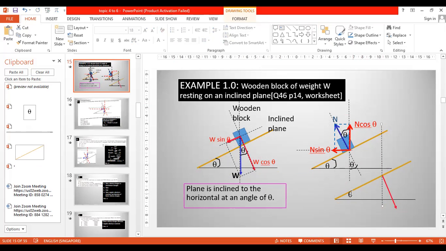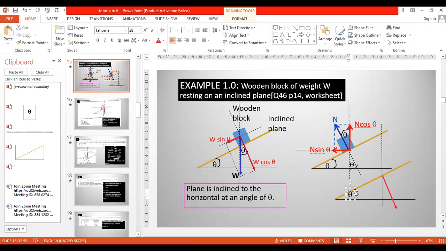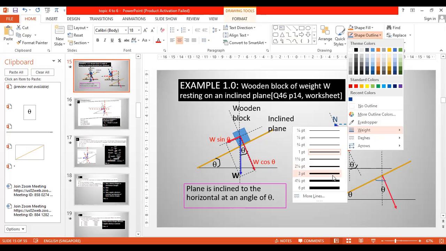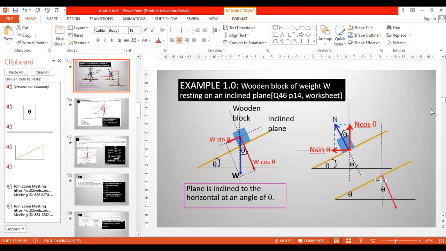This is theta. This is 90. This is 90 minus theta. So these two must be equal. Can or not? That one is 90. That one is 90. It's easier to remember.